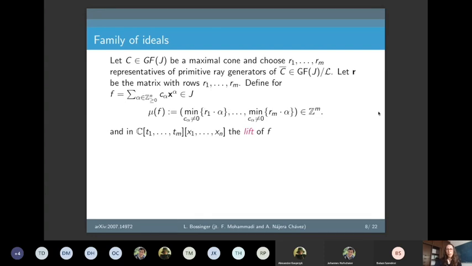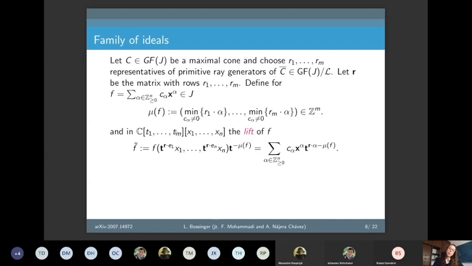And then I define the lift of f, which is simply given by this formula. If you look at the right-hand side of this formula, this is maybe the more intuitive way to look at it. I define another polynomial that has now coefficients which live in the polynomial ring over t's.